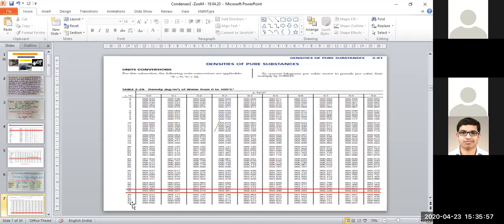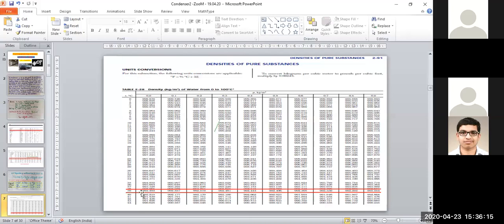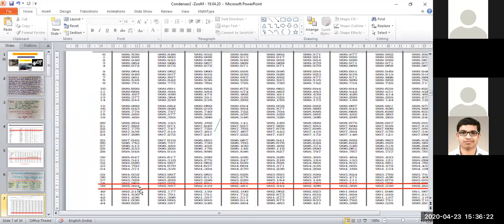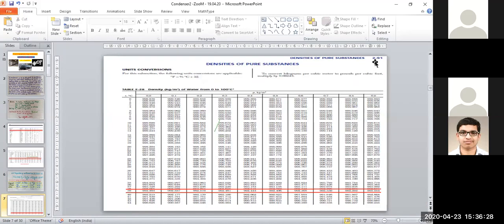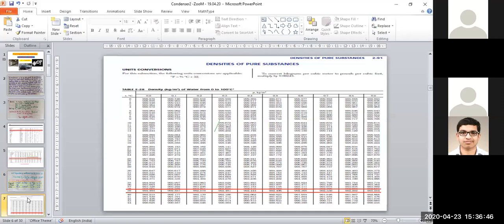If you see the density of water at 39 degrees centigrade, we can easily see it is 992.594. Is it right? I have taken this from the densities of water table, page number 291. Is it written? Yes, it is written, 291. Can you see this one?